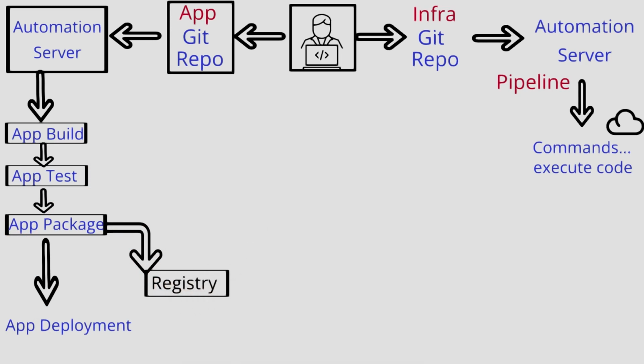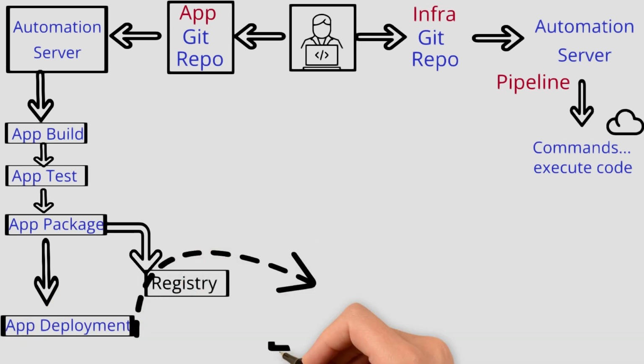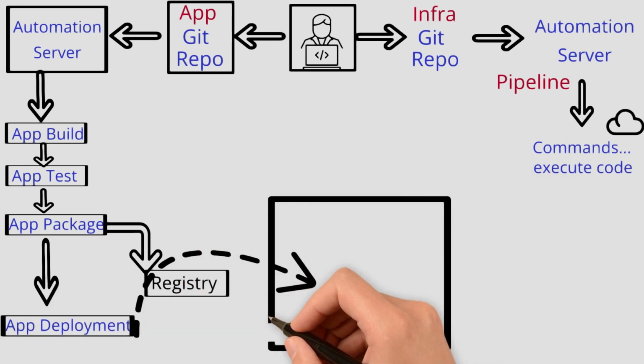Upon success, the automation pipeline proceeds to deploy the application on the desired server.